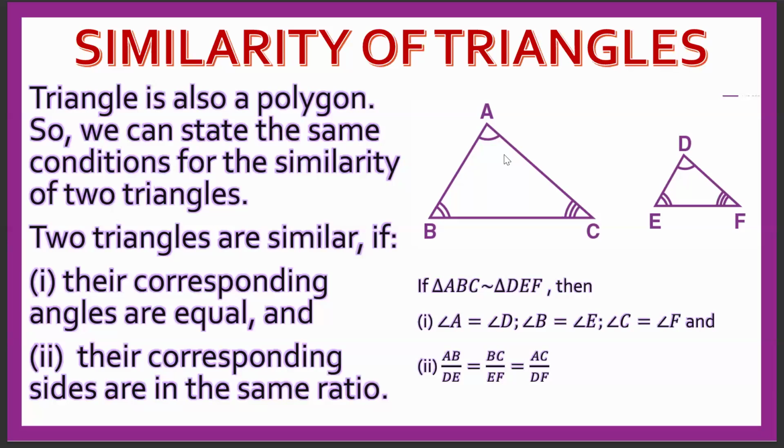But if the angles are equal and the ratios are 1:1:1, each side is equal, that is AB is equal to DE, AC is equal to DF, BC is equal to EF, then this is congruent. So we can use this congruency and similarity property of triangles in our daily life, as we will see in some examples in this session.